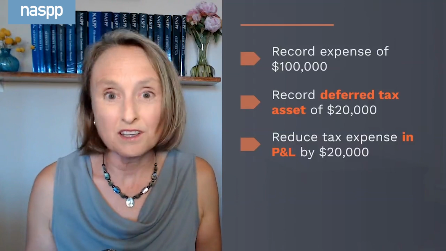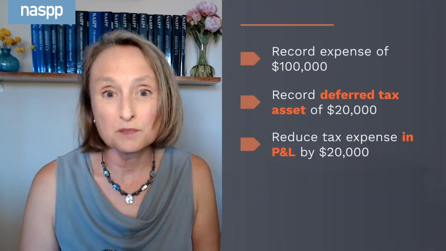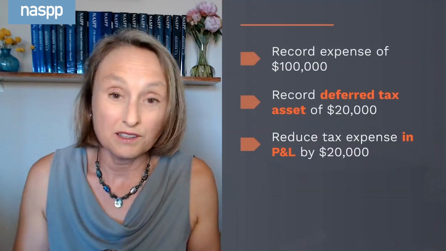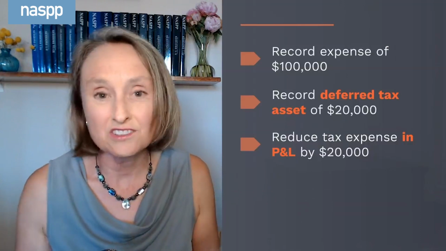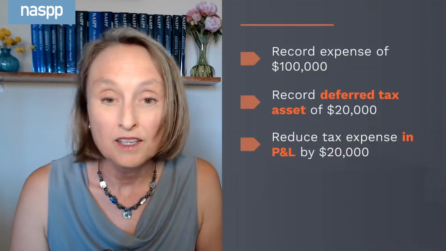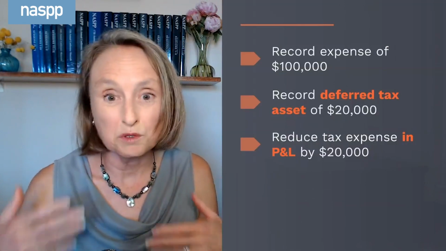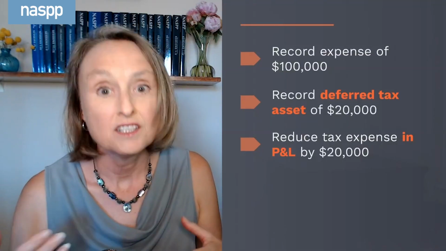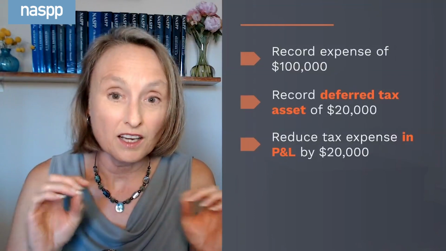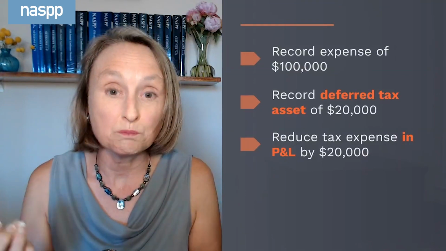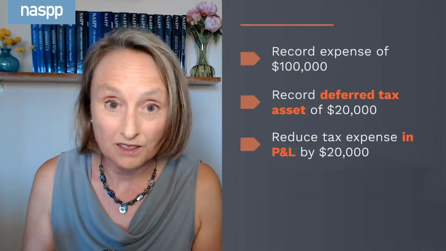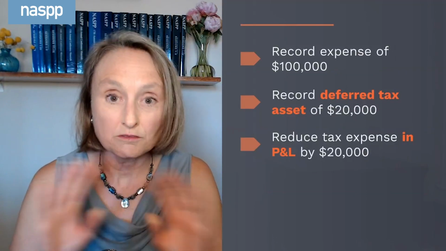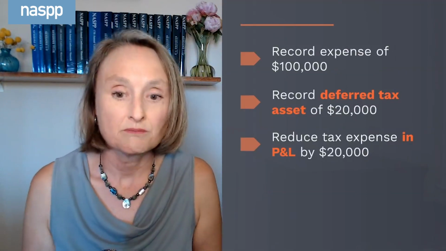It'll be based on what the RSU is worth at the time that it's paid out, which is probably going to be totally different than the $100,000 it was worth at the time of grant. But for accounting purposes, when we're recording expense and recording the tax effects of those expense, we assume that the deferred tax asset is going to be based on the amount of expense recognized for the award, even though in reality, it probably won't be.